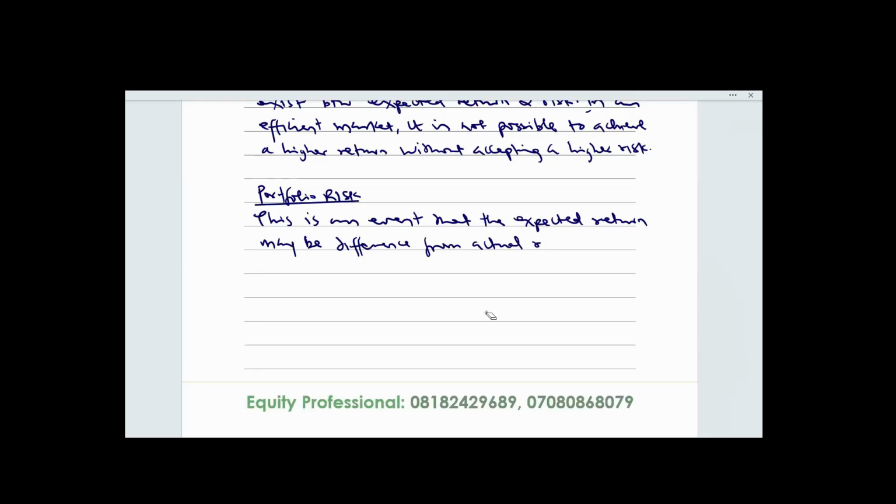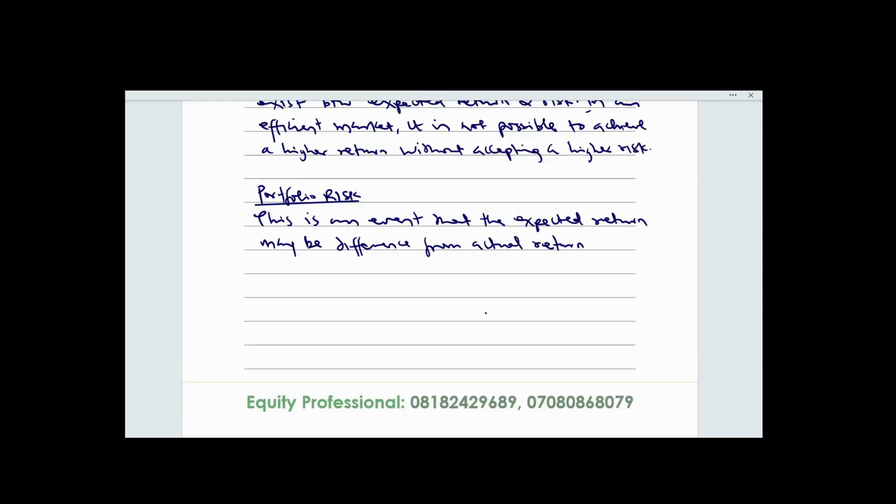You know, when you want to carry out investments, when you want to invest in any opportunity available, before you commit your financial resources, you would have had your own targeted rate of return on your investment. Maybe you want to earn 10% return on your investment, maybe 20% or 30%. But at the end of the investment, the actual return may be different from what you anticipate to earn.